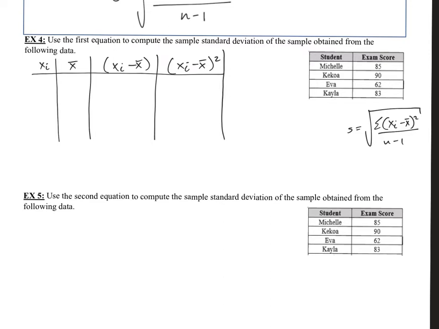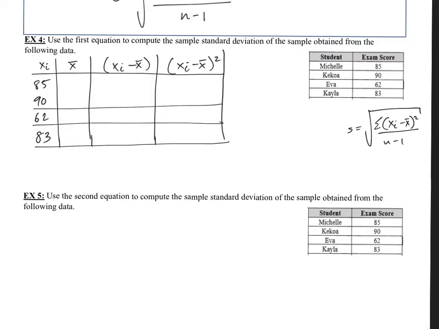So here are my data points: 85, 90, 62, and 83. So finding the mean of all these, let's add them up and divide by, and there are 4 observations. Alright, so our mean on the side is going to be 320 divided by 4, which is 80. Ooh, a nice number this time.